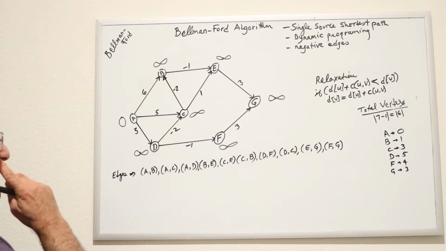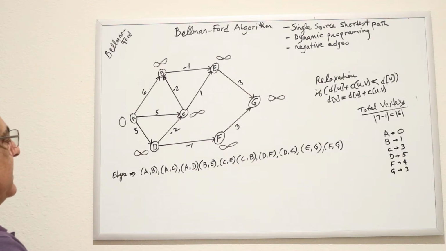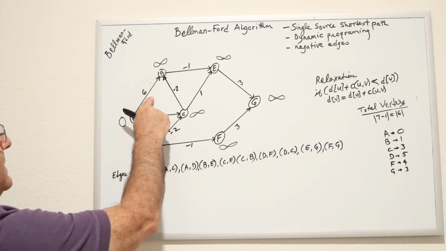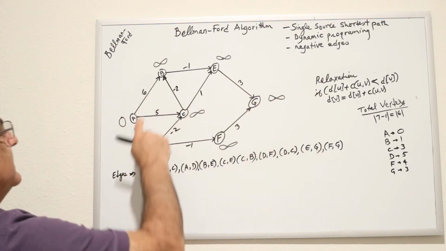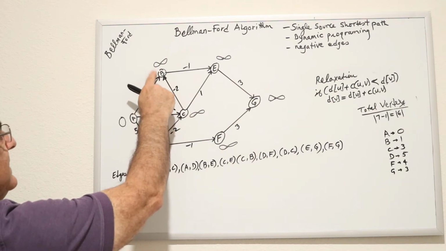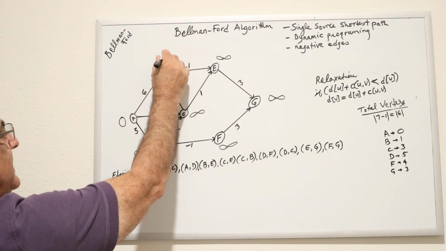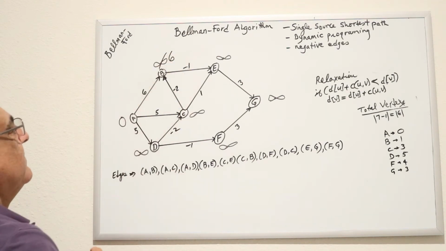So watch this. This is where the Bellman Ford comes in. Now this is 0 plus 6. See? 0 plus 6. If it's less than this, well, definitely it is. So 6 is less than infinity, so I'm going to put 6 here.